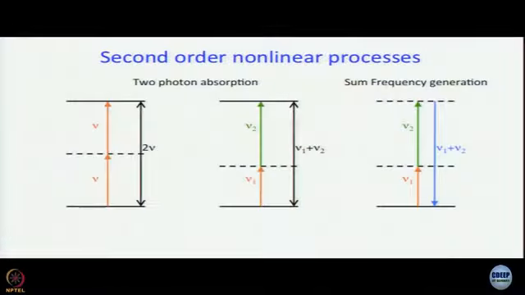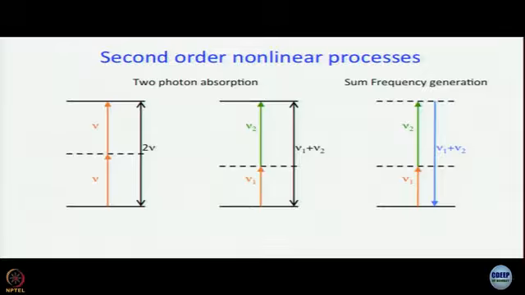But then if you excite at 700 nanometer, where will it emit? It will emit beyond 900. 2 photon excitation followed by fluorescence is a very popular technique, especially in microscopy. But coming back to our present discussion, what we have seen here is how you can get sum frequency generation. In sum frequency generation there is no delay: light is absorbed instantaneously and comes out instantaneously.